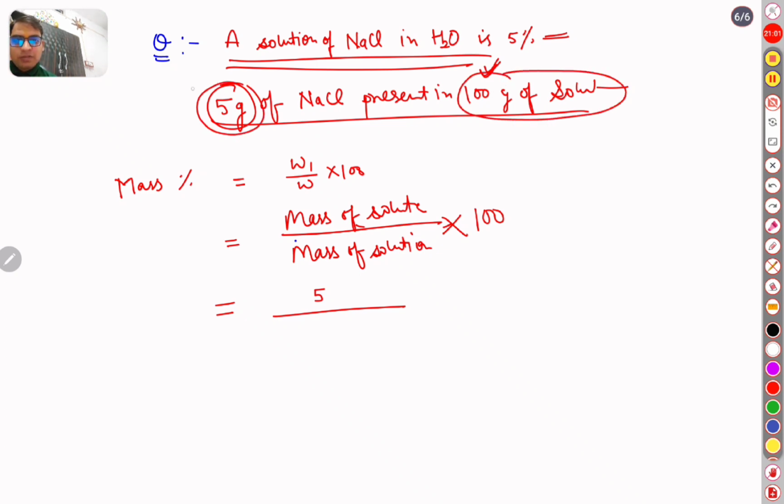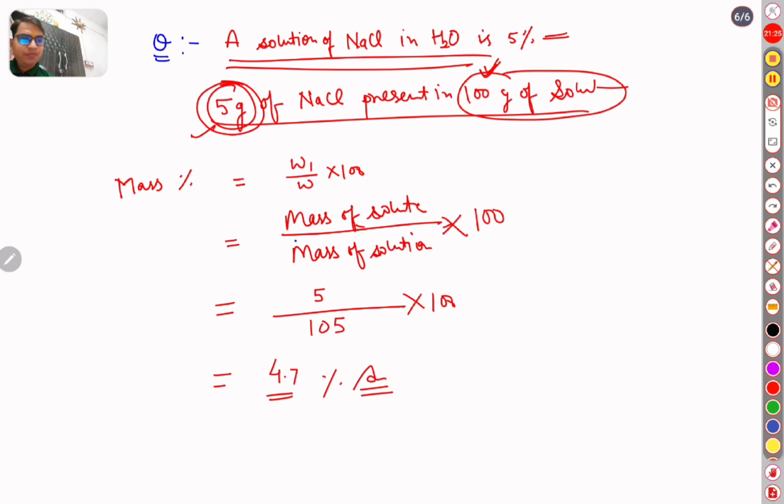Mass of solute is given, 5 gram. Mass of solute plus mass of solvent is equal to mass of solution, so 100 plus 5, 105, into 100. If we solve this, we will get the answer 4.7% approx. Is it easy?